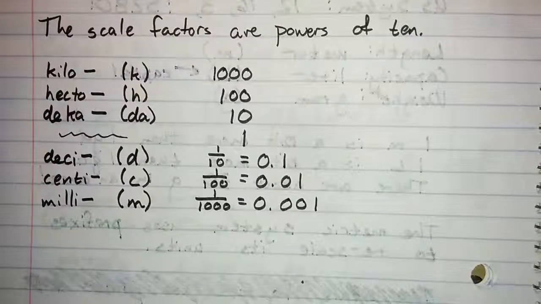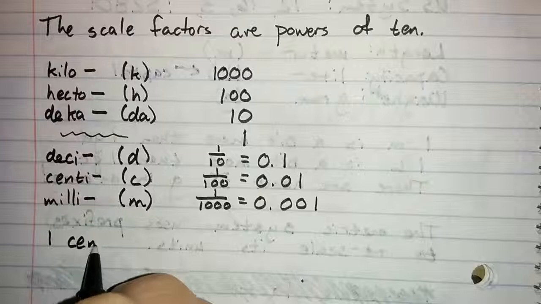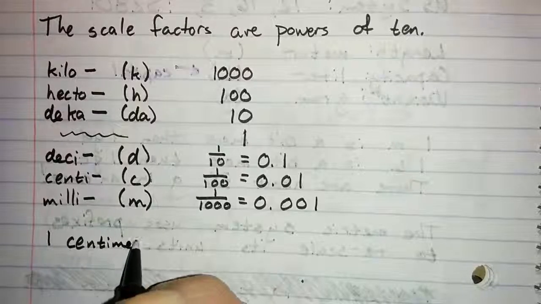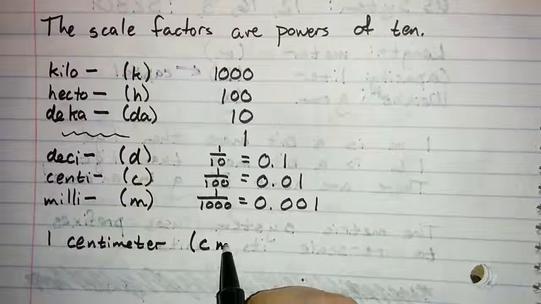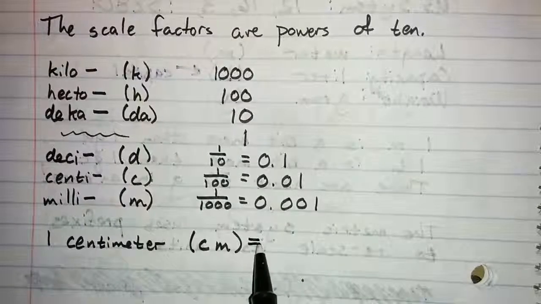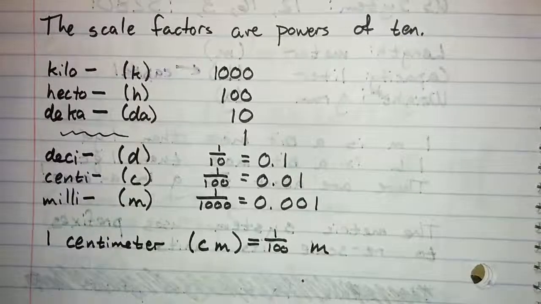We combine these with the basic units to get appropriately sized units for whatever we're trying to measure. So we could have 1 centimeter, abbreviated cm, is 1/100th of a meter.